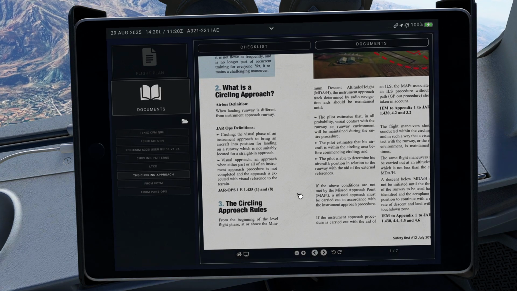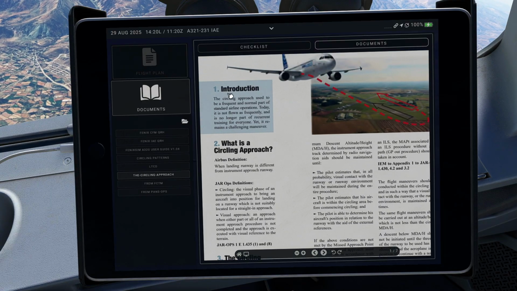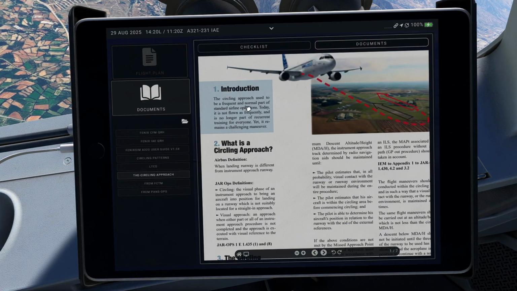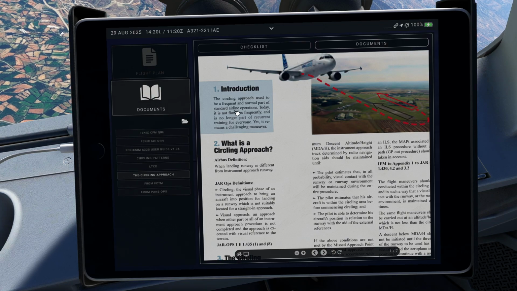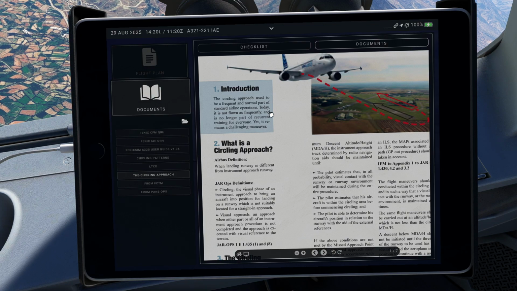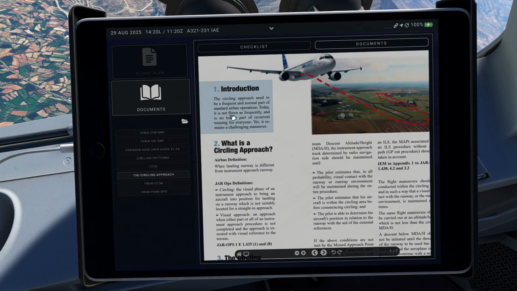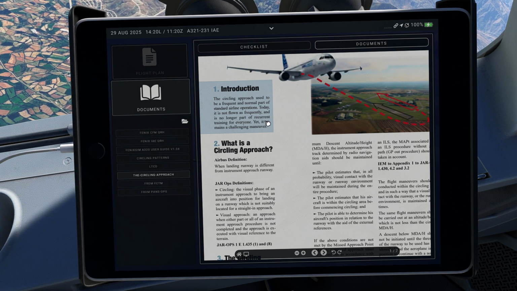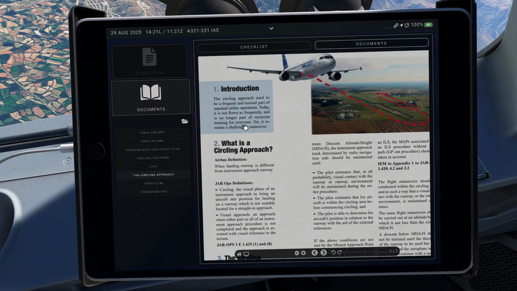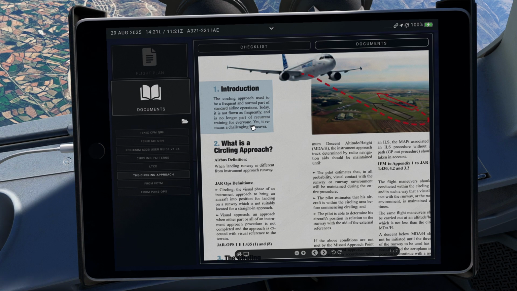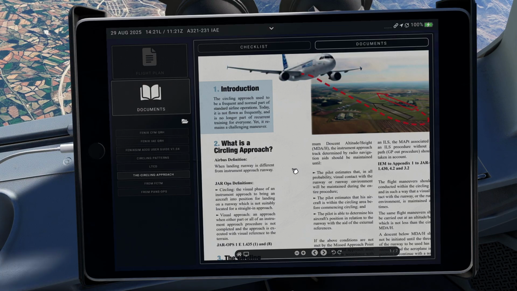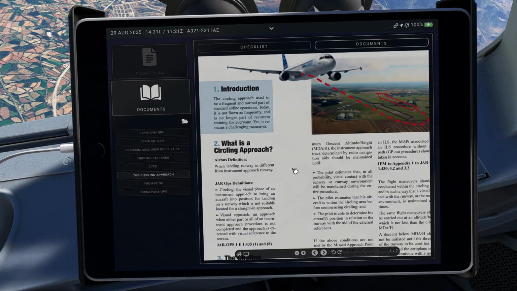The main item is from the introduction: the circling approach used to be a frequent and normal part of the standard airline operation. Today, it is not flown as frequently and is no longer part of the recurrent training for everyone, but yet it remains a challenging maneuver. Circling maneuver is a challenging maneuver.